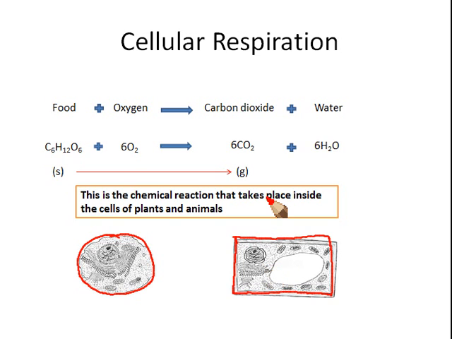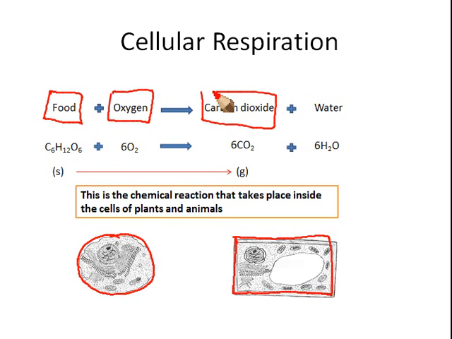And all that's happening inside these cells is that food, or a form of fuel, nutrition, is being oxidized to make carbon dioxide and water. These are our 2 waste products, and of course respiration is all about releasing energy from this food so that the organism can live and survive.